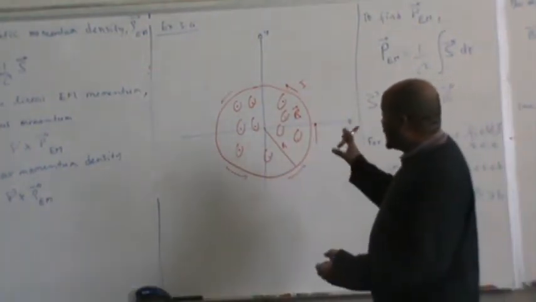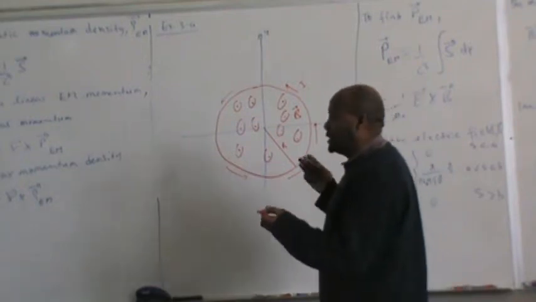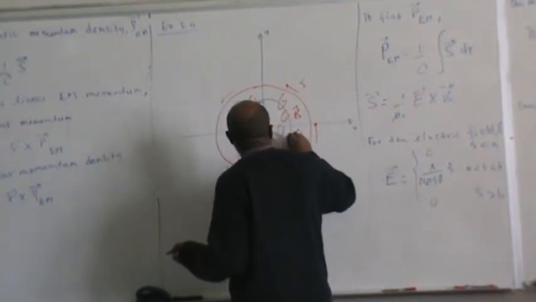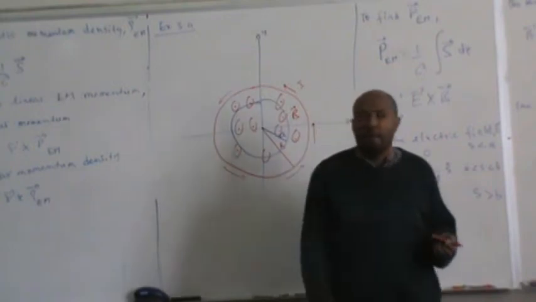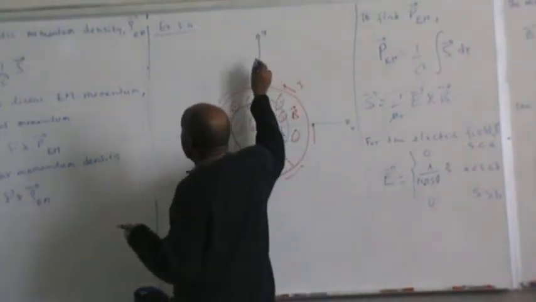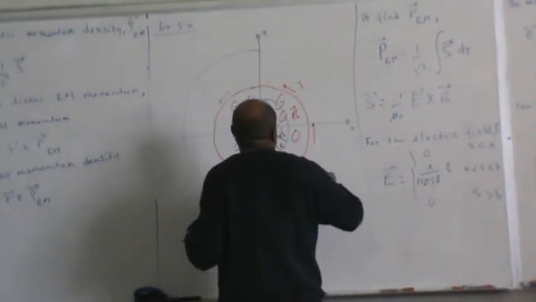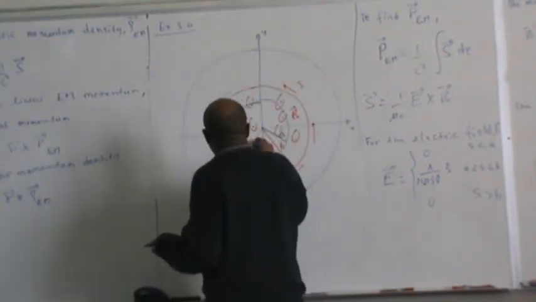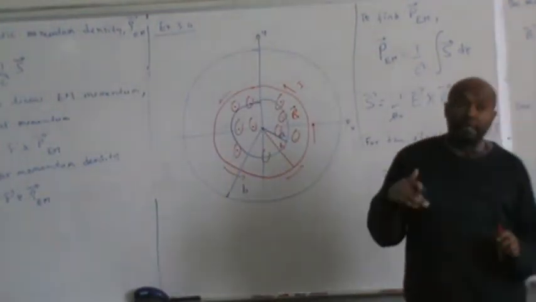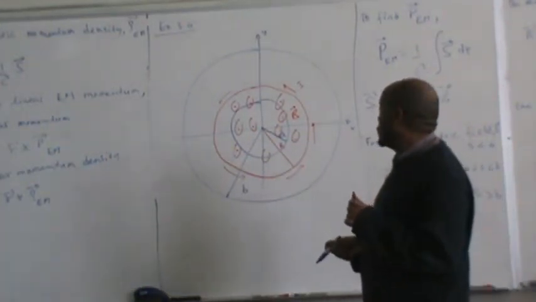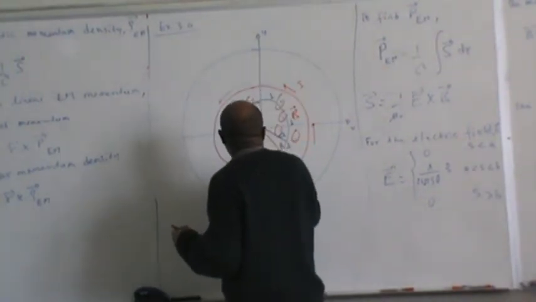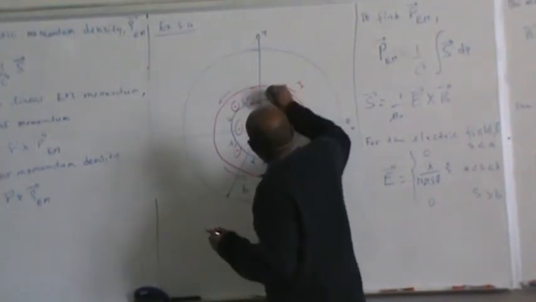And inside this solenoid, you have another cylinder of radius A. And outside, you also have another cylinder that has radius B. The inner one carries a total charge, uniformly distributed over the surface, of plus Q. So plus, plus, plus, plus, plus.